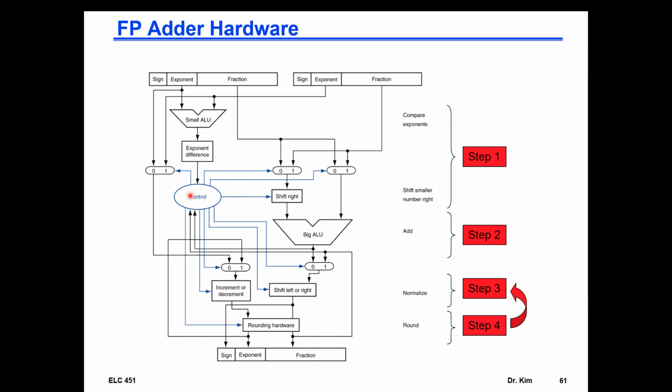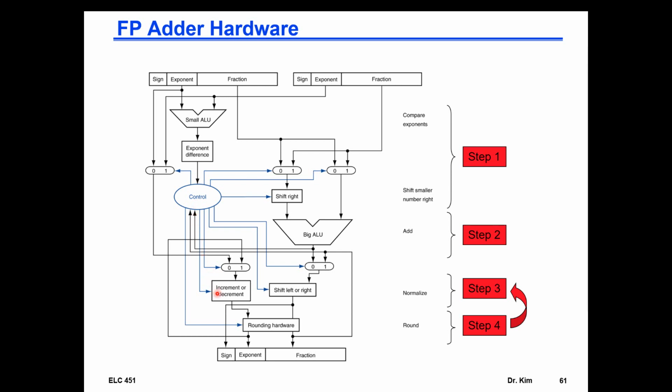So the controller essentially controls those operations by getting the information on the actual result, so it knows how much it needs to shift, right or left, and how much to increment the exponent by or decrement it.